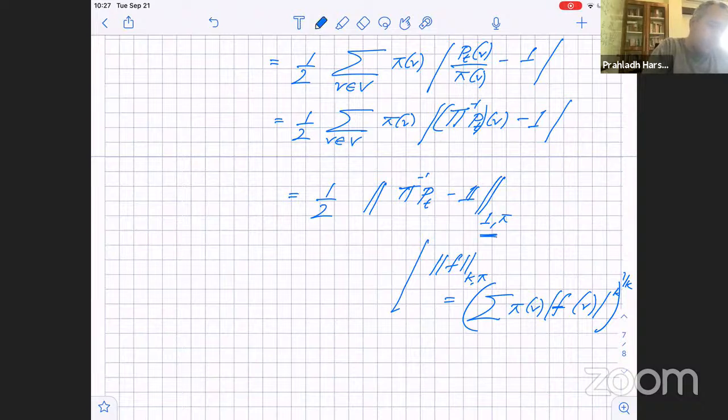And now the next thing which I'm going to do: the one norm is okay, but because we're working with inner products, the two norm is a better norm. We have a better handle on the two norm. So I will bound the one norm by bounding the two norm.